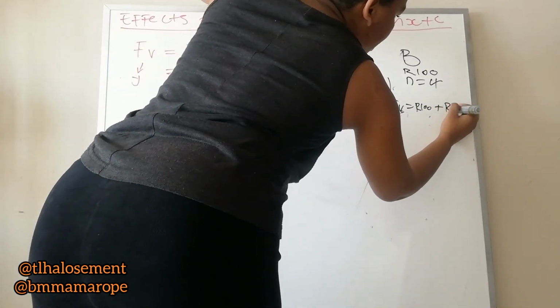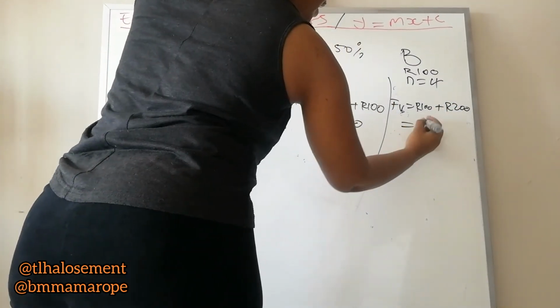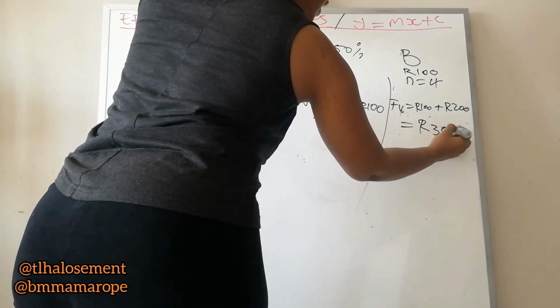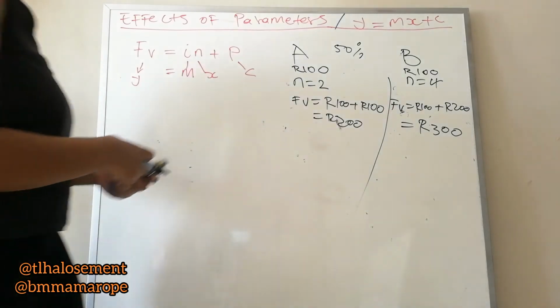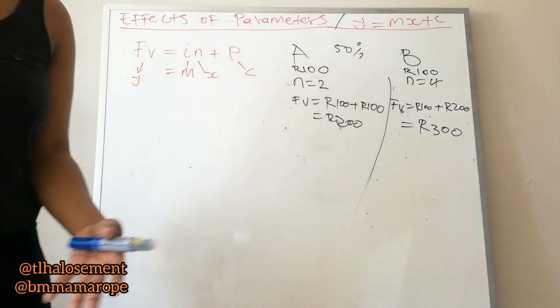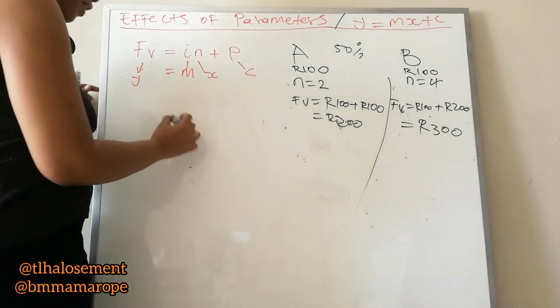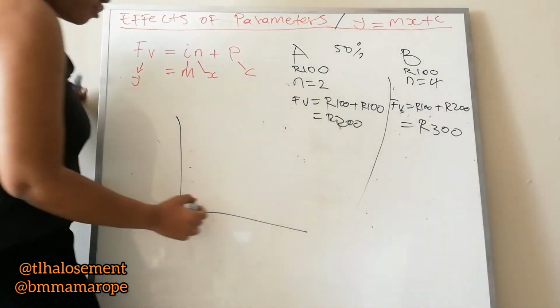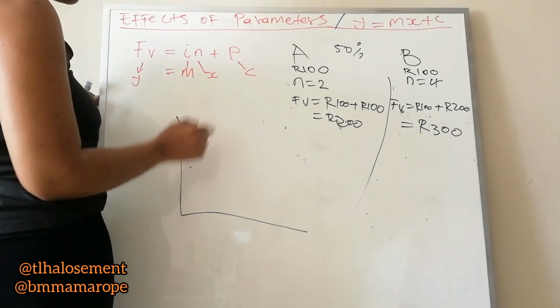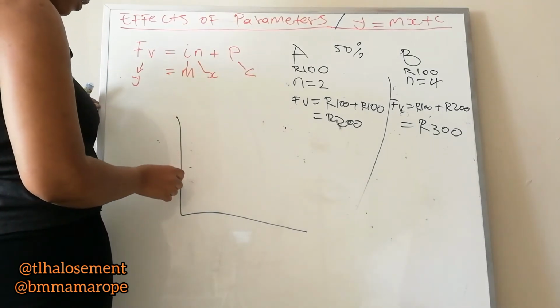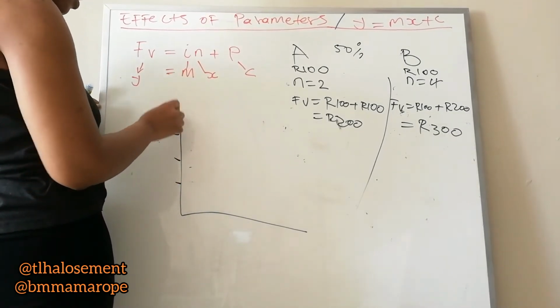So plus 200 rand, this person has 300 rand. This one only has 200 rand. So do you see that the longer you leave your money, the more interest you're gonna get.